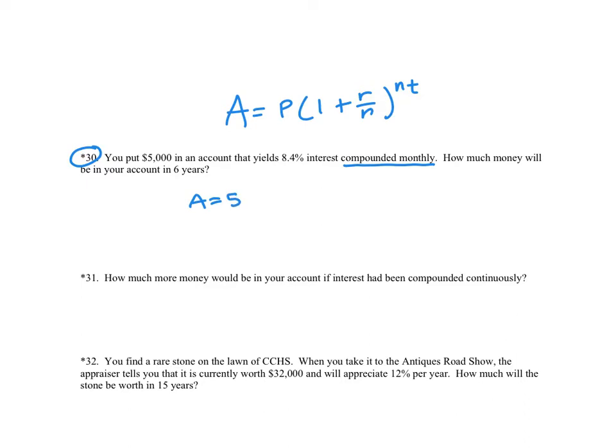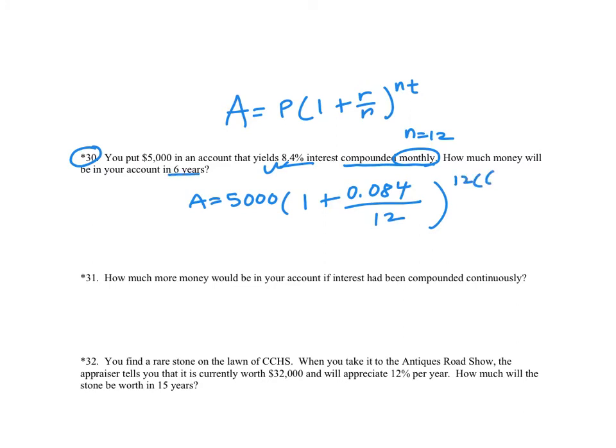So you put in $5,000 and 8.4% interest, so that's going to be 0.084. For n, compounded monthly, so monthly is 12 times a year, so that's what's going to go right here. 12 again, and how much money will be in your account after 6 years. So you plug all of this into your calculator.